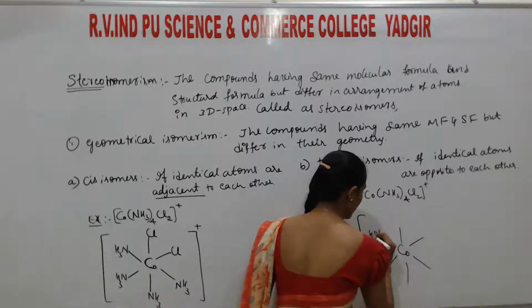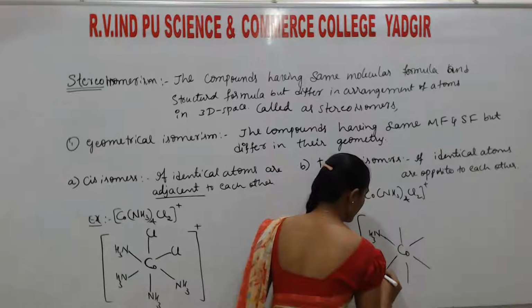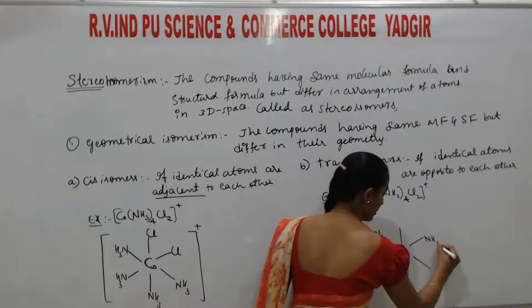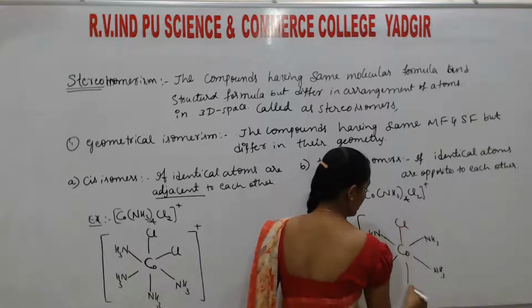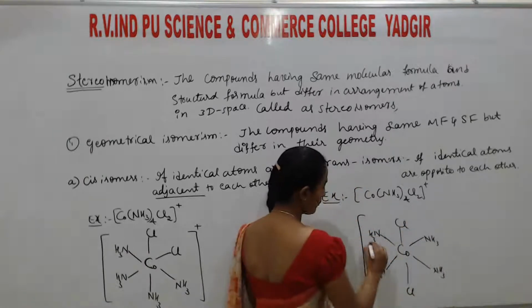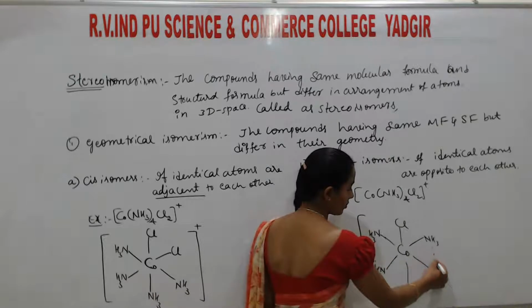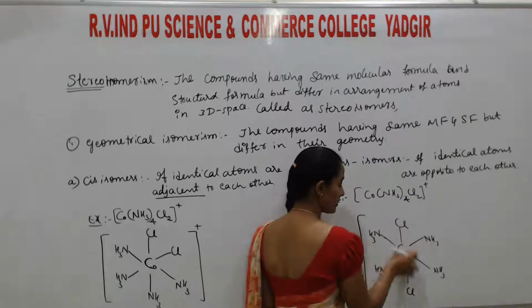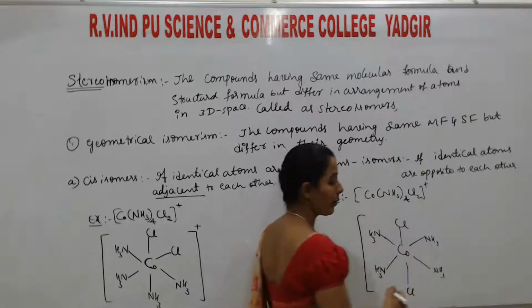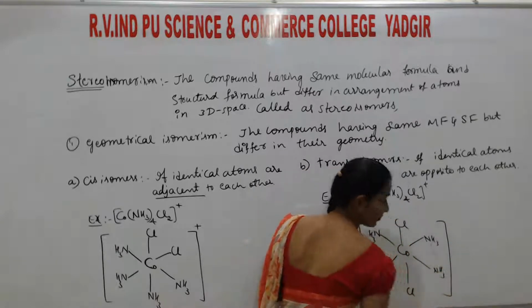So if you want to write the same structure here, the complex cobalt, here it is NH3, NH3, NH3, NH3, and this one is Cl. So students, if you consider these two, of course they are adjacent to each other. But here, if you consider these two, they are opposite to each other. Understand?